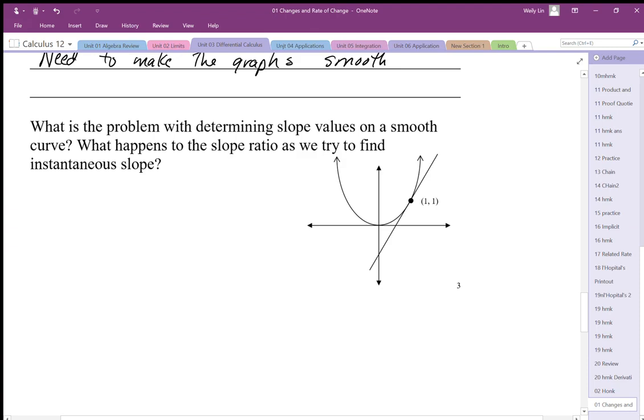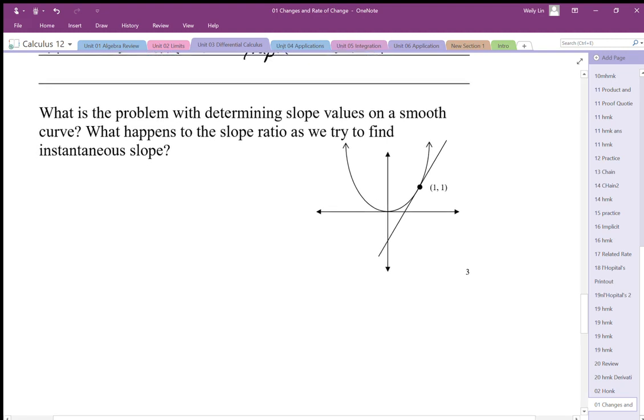Now we run into a bit of a dilemma, because we need just the touching there. The touching line has slope. But the problem with the touching line is that when we find slope, we use this formula: y2 minus y1 over x2 minus x1.